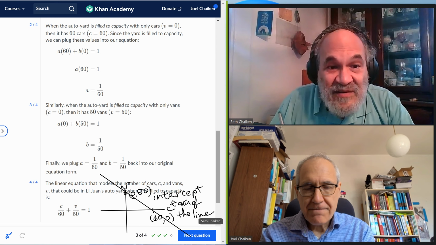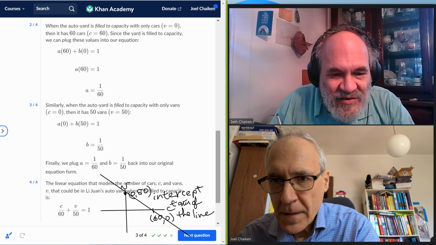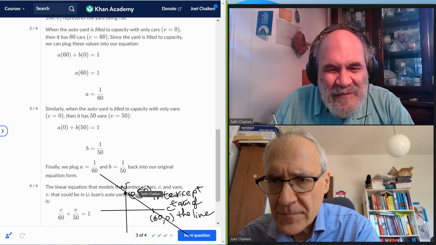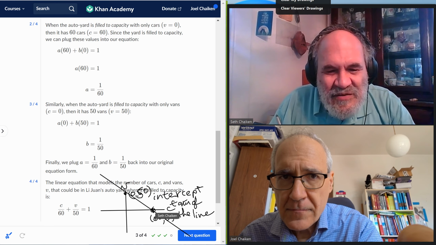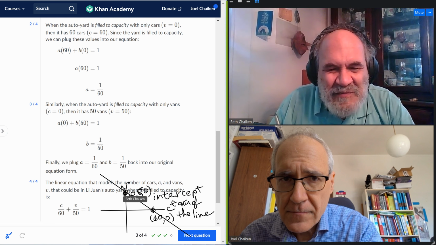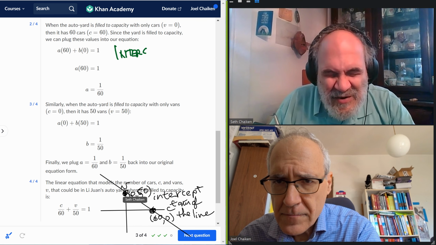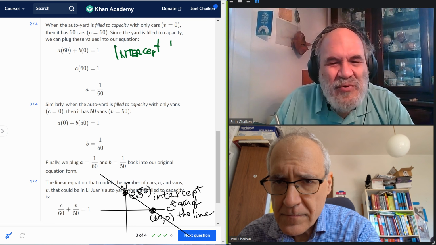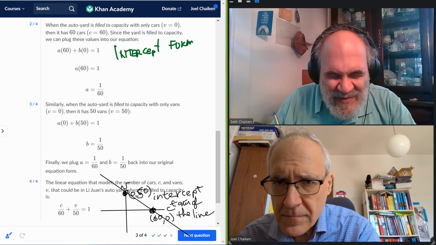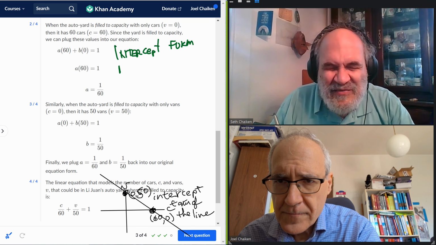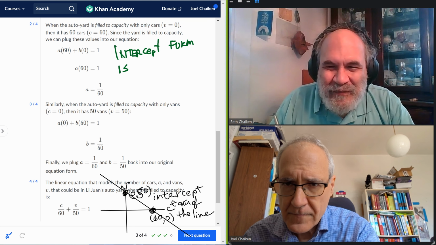And it's handy to realize how it works. The critical concept is the points are on the line when the coordinates satisfy the equation.